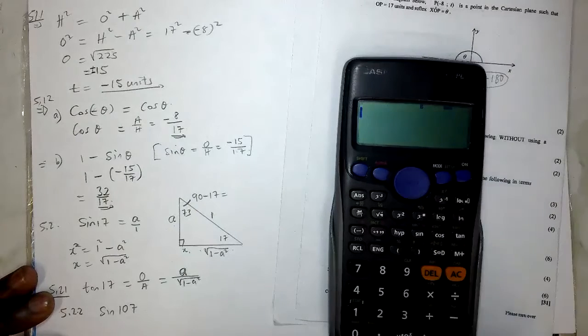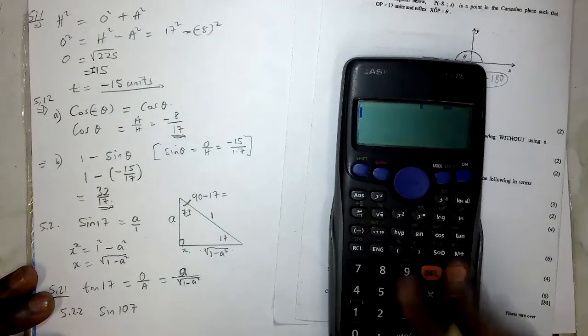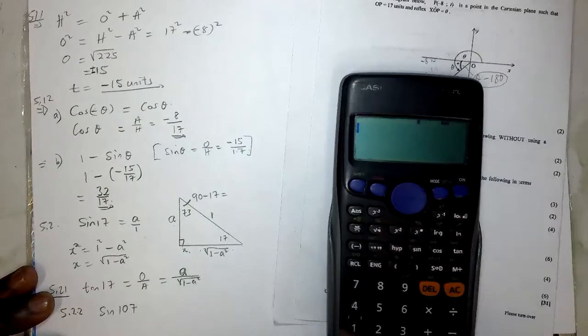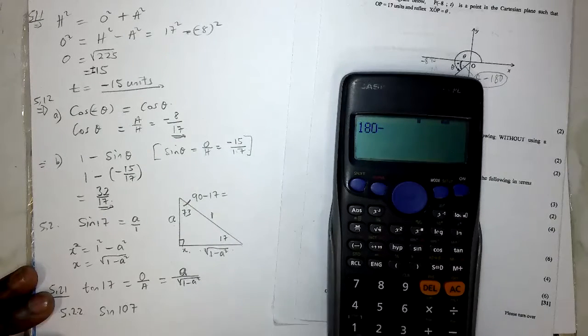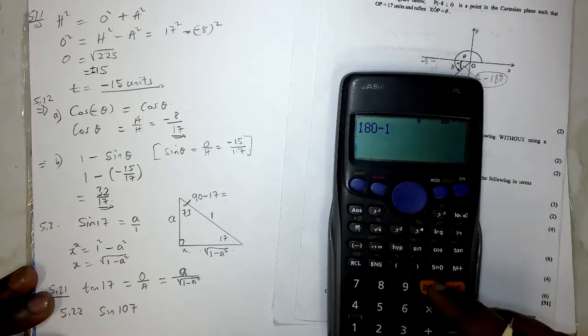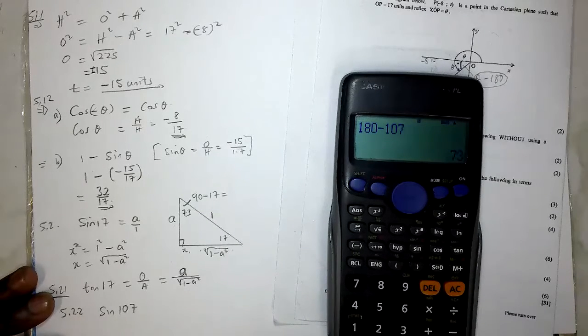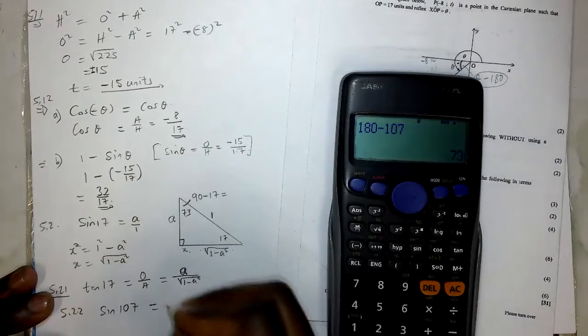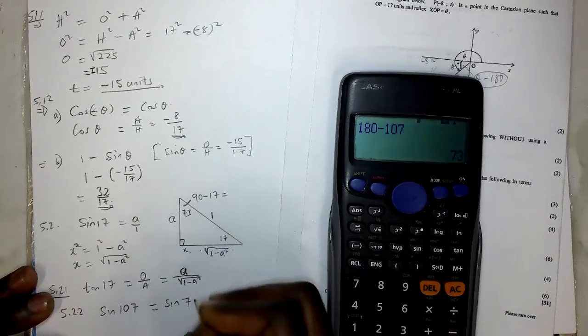Let's check: 180 minus 107. What do we get? We get 73. Can you see that? So sine 107, and sine is positive there, is equal to sine 73.